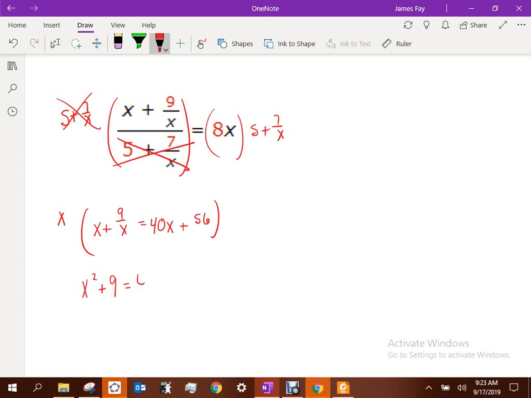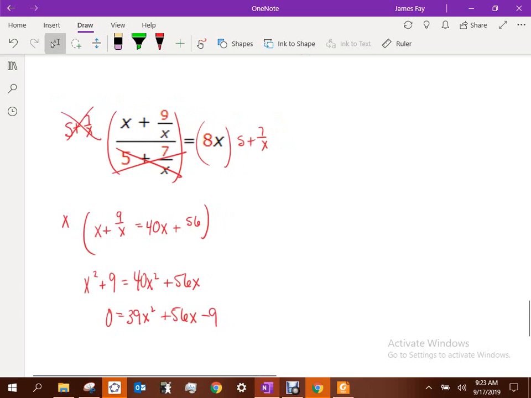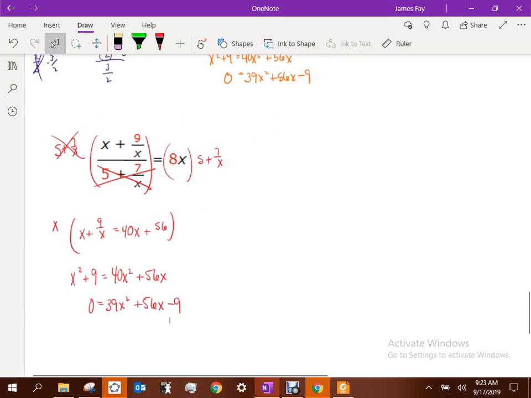It's going to be 40x squared, and that's going to be 56x. Set this equal to 0. It's going to be 39x squared plus 56x minus 9. Is that the same thing that we have right here where my cursor is? Would you agree it's much faster that way?